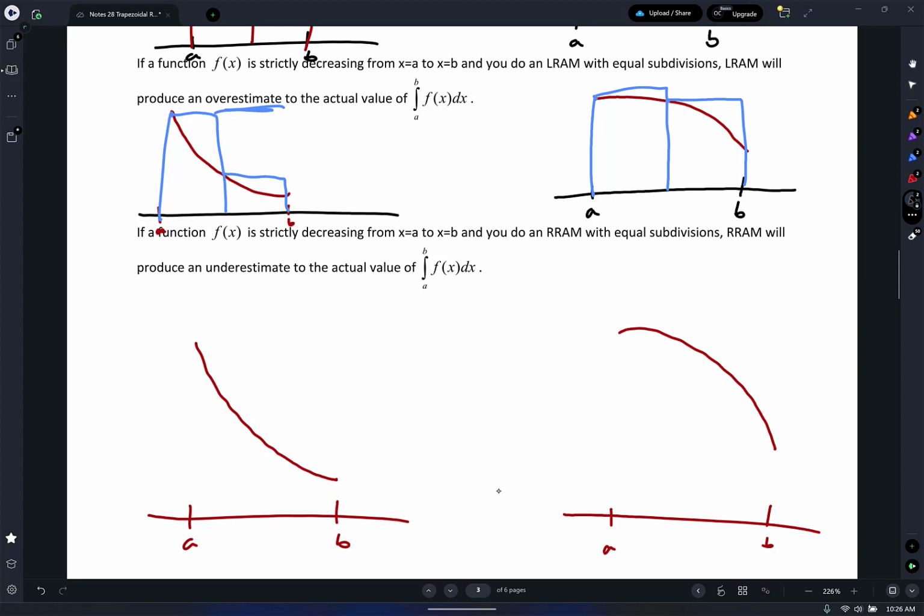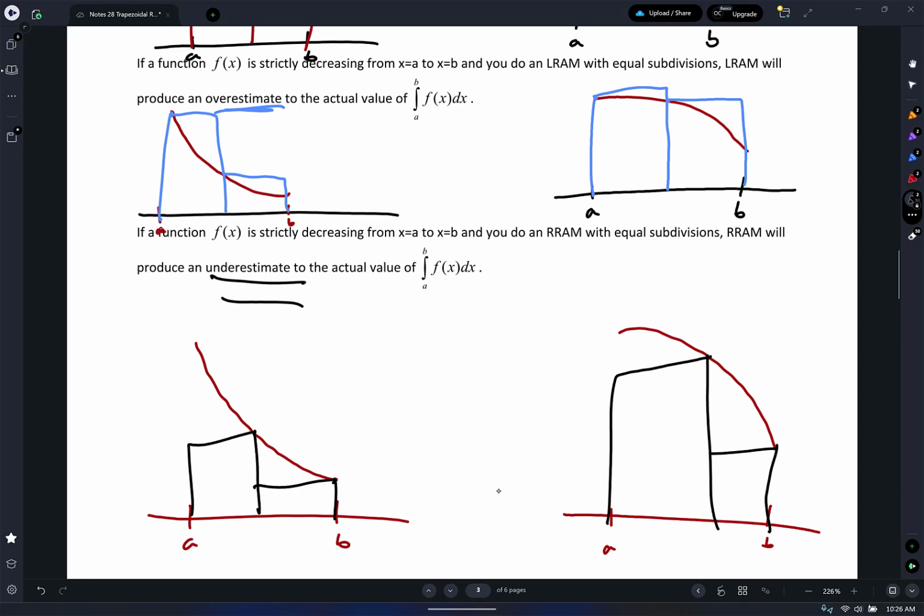And I'm doing RRAM, and RRAM. What do you notice? Underestimate from the real area. How do we feel, guys? Do we feel okay? Yeah, nothing crazy.